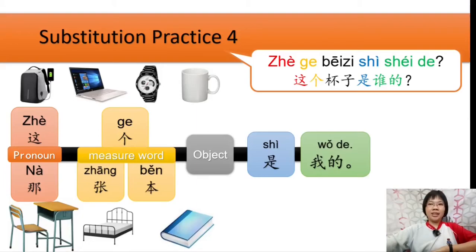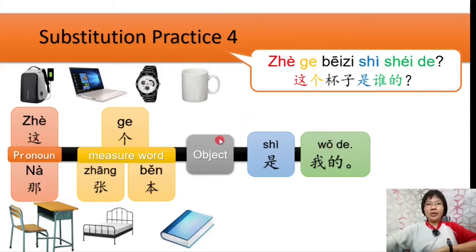In order to answer, replace the interrogative word 谁的 with possessive pronouns. Example, 这个杯子是我的。Ini adalah saya punya cawan, or dialect translate, ini cawan adalah saya punya. This is my cup.